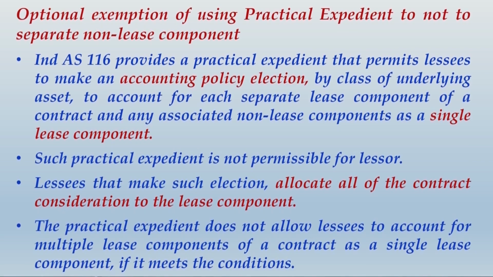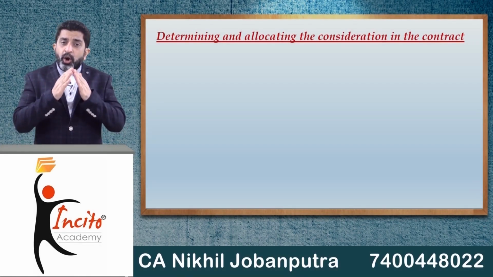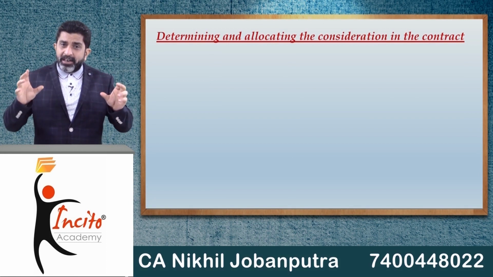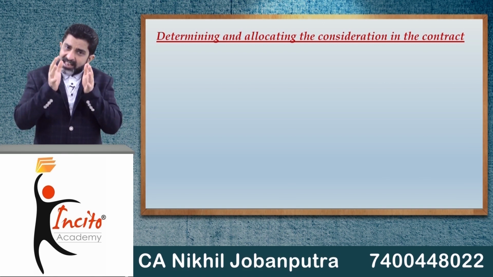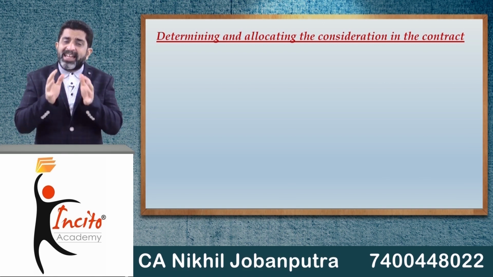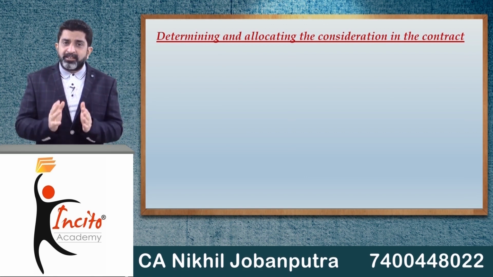Alright friends, you would have finished writing this whole thing. Let us move ahead and now write up the basis of allocation. If the lessee makes a choice of not separating the lease and non-lease component and accounts for the whole thing as if it is a lease payment only, that is just one choice.